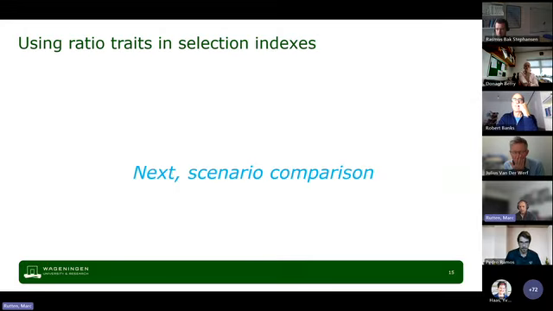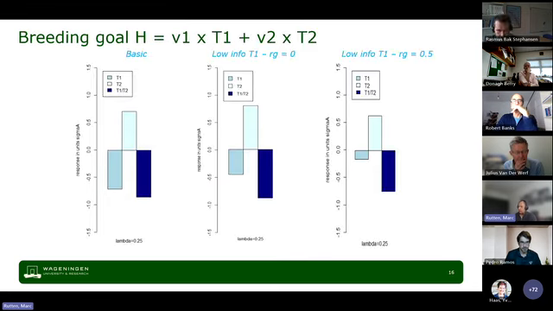So in the next slide, I will compare the sets of scenarios I had, but now for a situation where lambda is 0.25. So basically, this could be a representation of the methane trait, as I mentioned in one of the first slides.